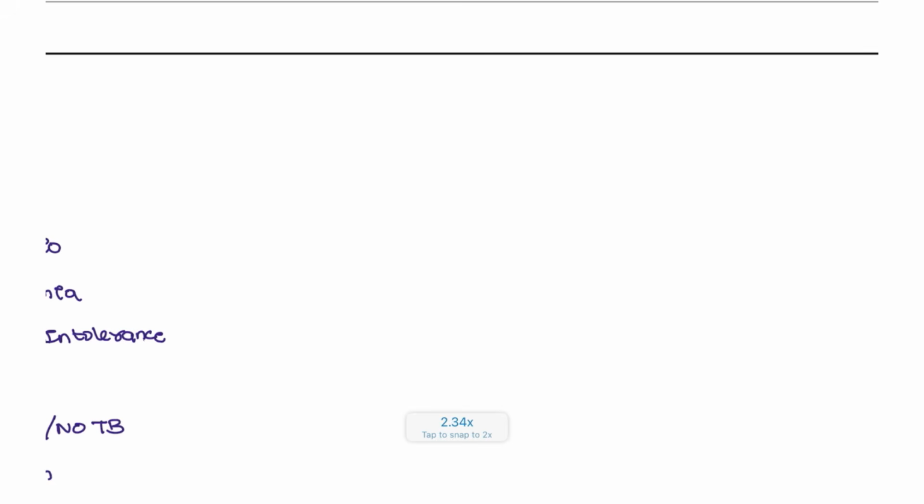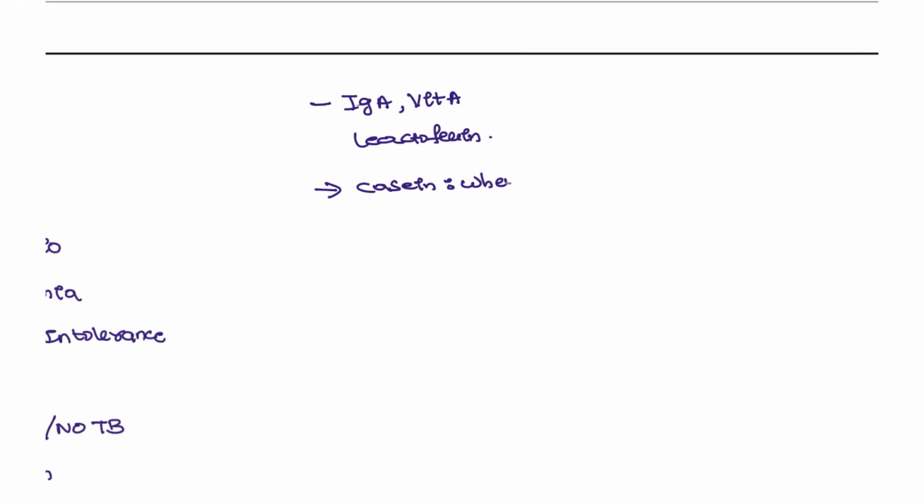Next, what are the contents present in breast milk? It is going to have rich IgA levels, vitamin A, and also lactoferrin levels, and casein protein. It consists of casein and whey protein, where whey protein is more, about 60%, and casein is around 30%.